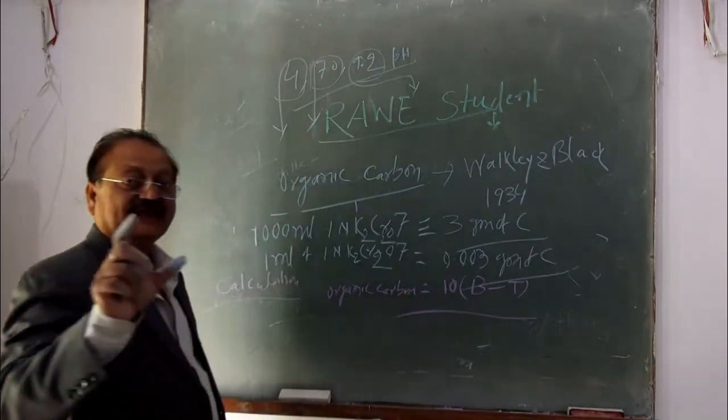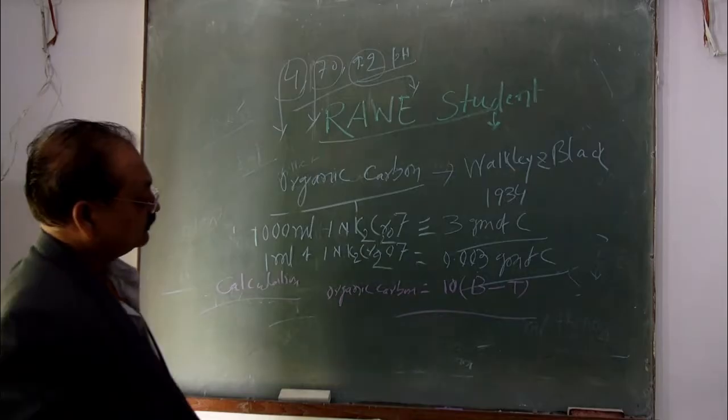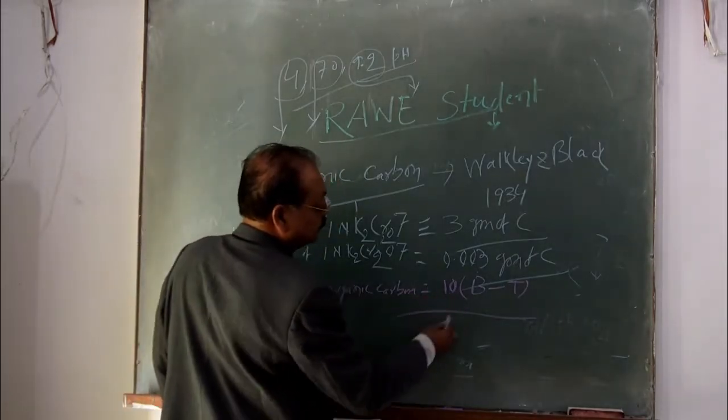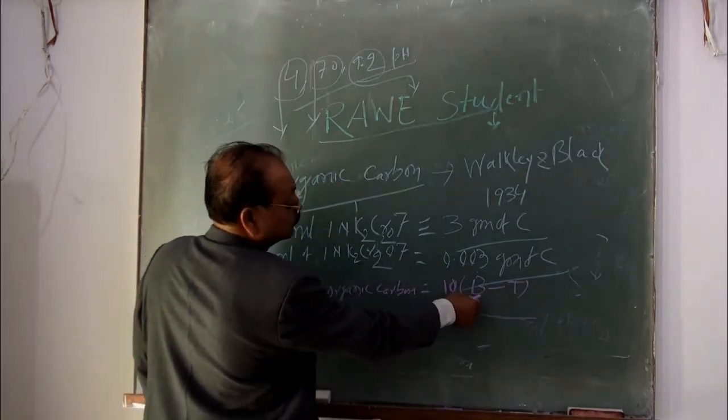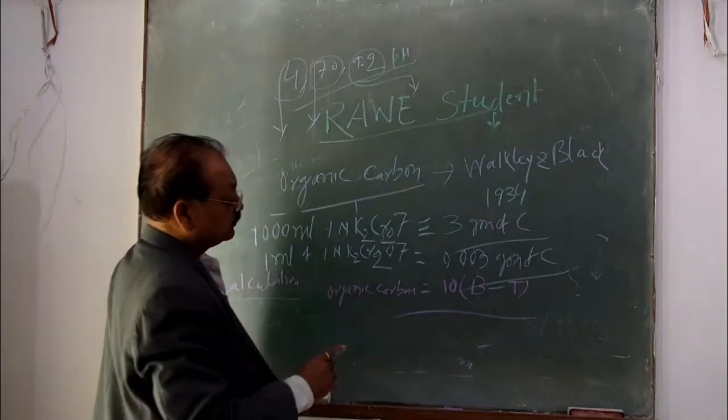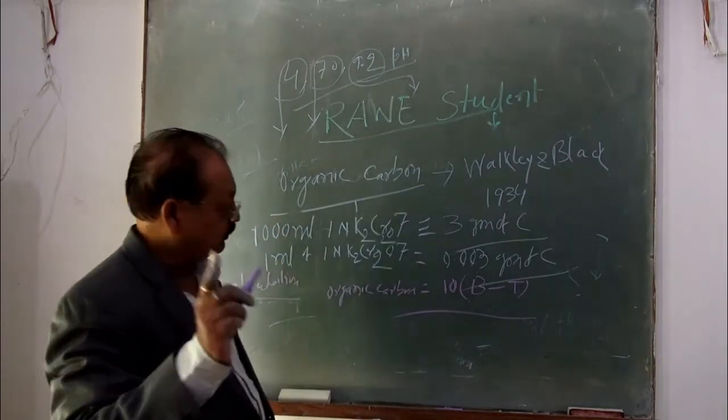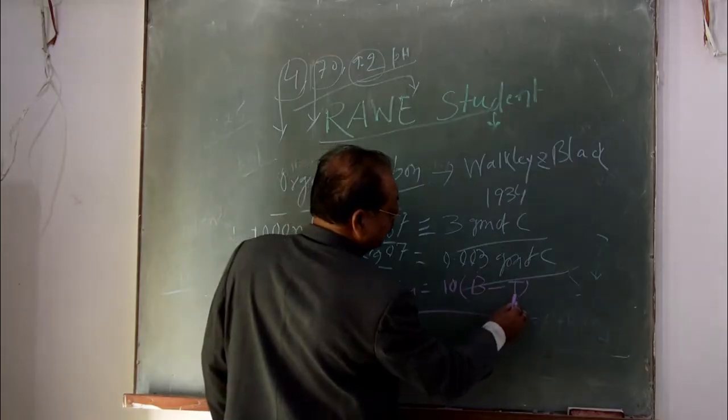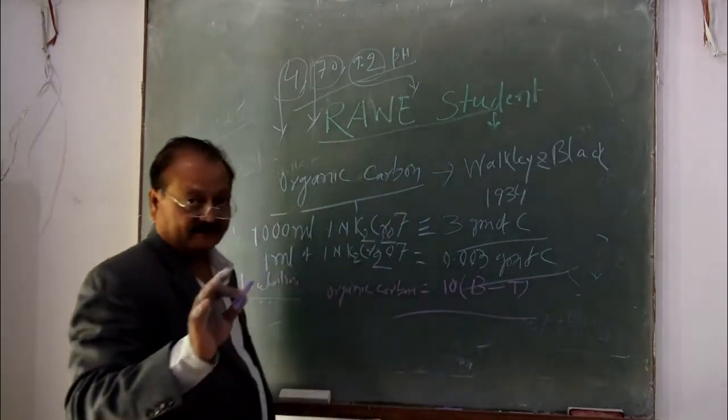You have taken 10 ml of potassium dichromate, so that's why this 10 is here. B is the blank value, the titration value without soil, and T is the titrated value with soil.